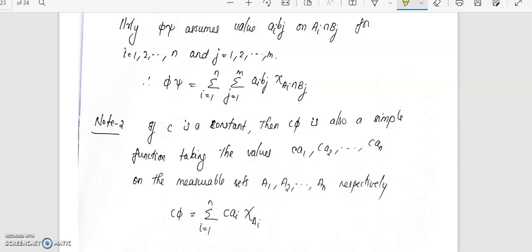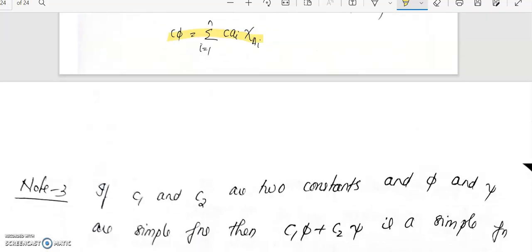So it can be represented in canonical form. On the set A1, c phi will take the value ca1, on A2 it will be ca2, and on An it will be can. So it can be represented as c phi equal to summation i equal to 1 to n c ai chi of Ai.